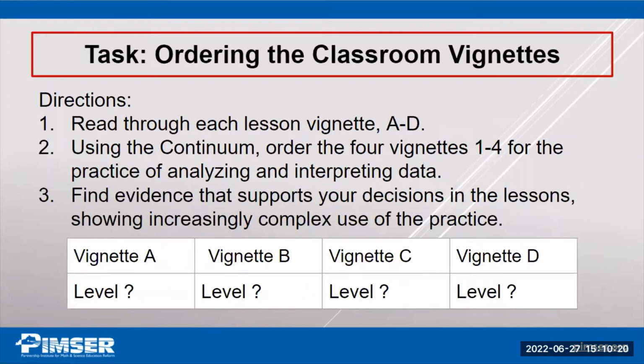Please read through the versions of this lesson, A, B, C, and D. Looking at the continuum for data, match the vignettes to the description of the practice. So in one vignette, the teacher will ask the students to collect data, but they don't analyze it. That lesson will be your level 1 lesson, and so forth. So look for evidence in the vignettes that will help you support your ranking 1 through 4.